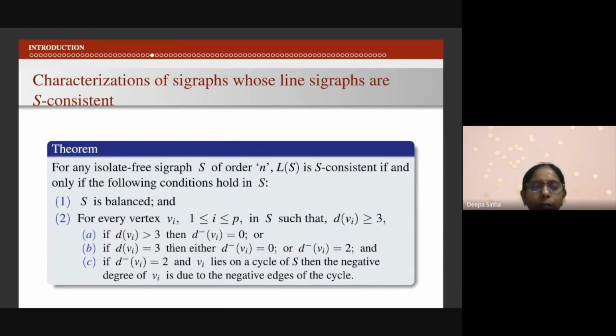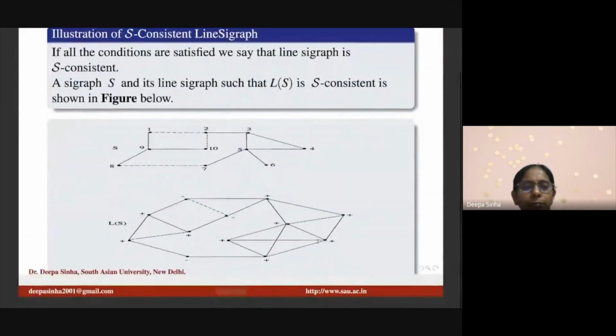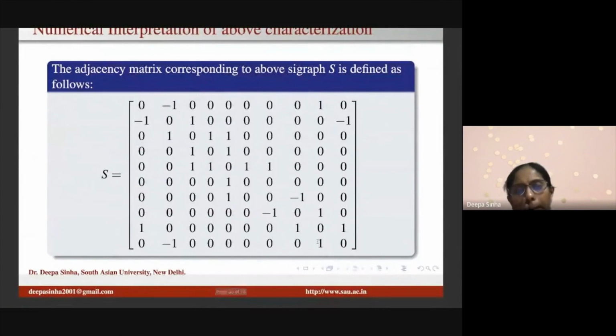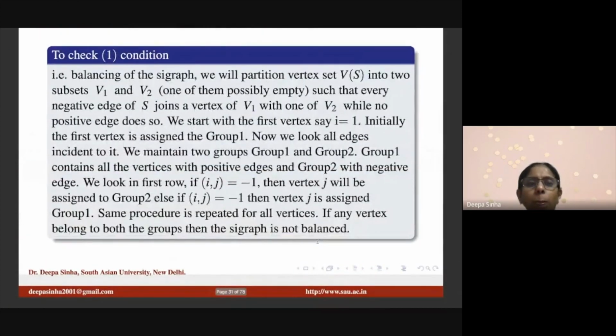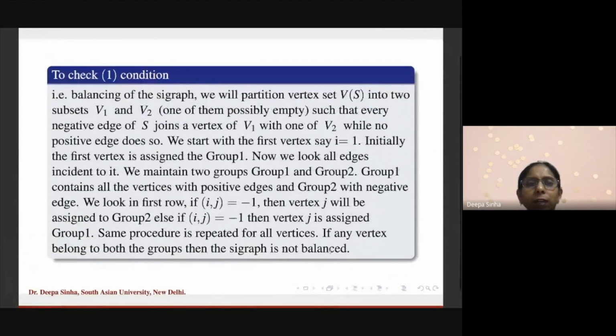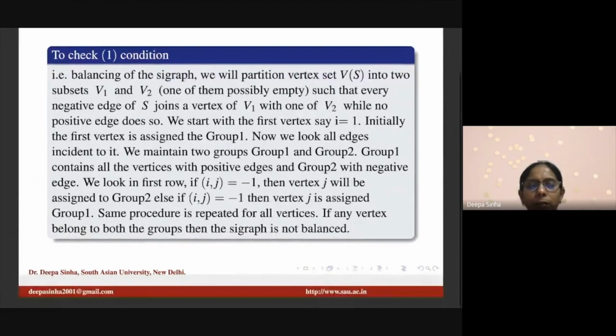If the degree is equal to 3, then the negative degree of vi is equal to 0, or the negative degree of vi is equal to 2, and so forth. So this is the corresponding adjacency matrix. These are the outline to see whether the sign graph is balanced or not.